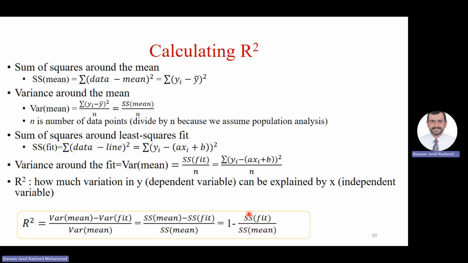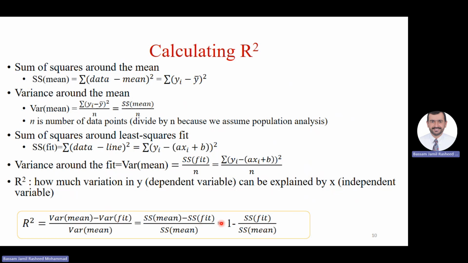So you can see that when this term gets closer to 0, it means that your sum of squares around the fit is much smaller than the sum of squares around the mean. Okay, so it indicates that you are really getting a good fit here. So this becomes a small quantity, and then R squared becomes closer to 1.